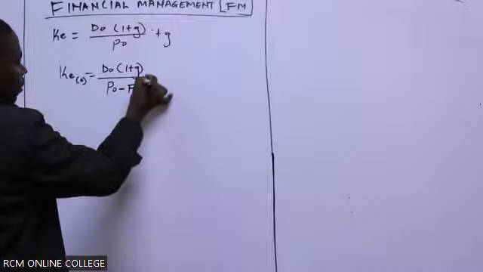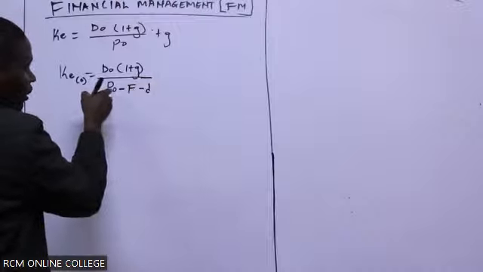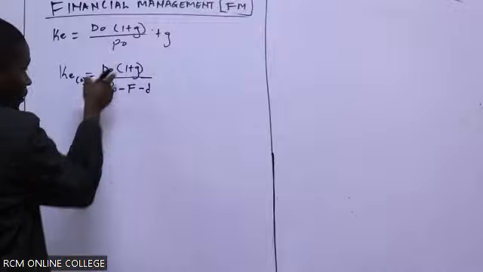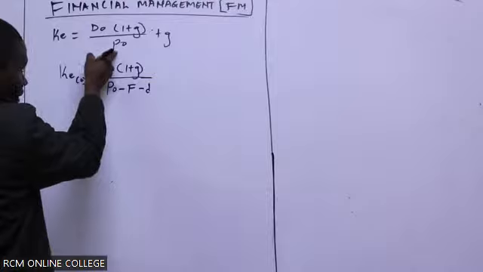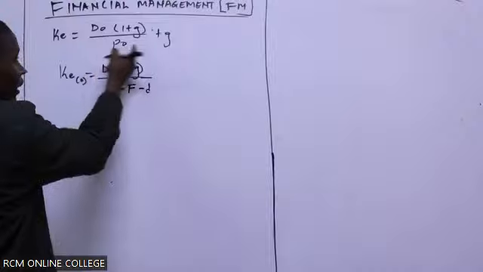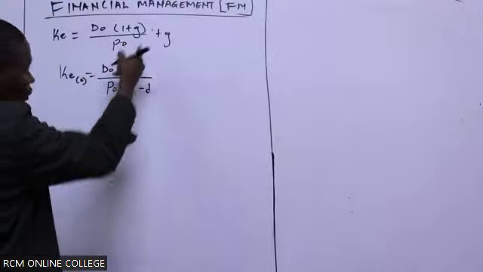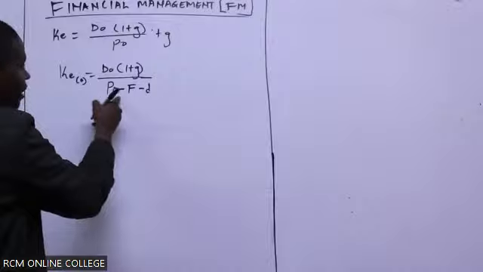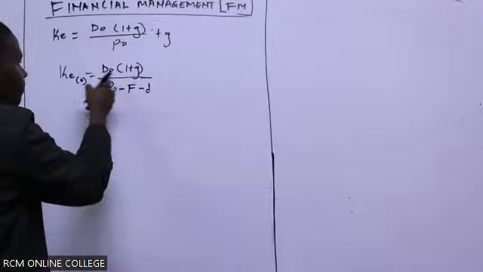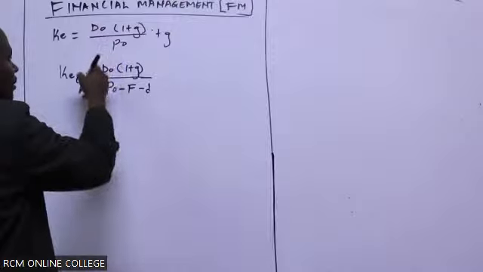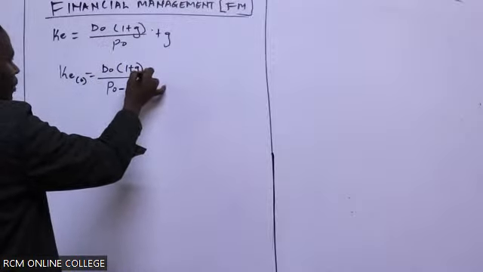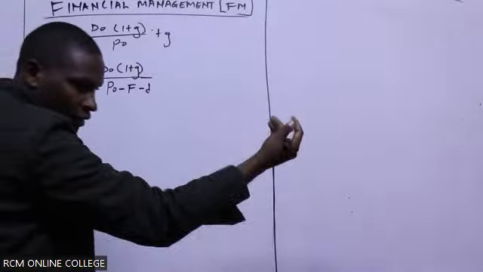What is happening to our P0? It's reducing. When you compare with the P0 for the retained earning, nothing affects it in that order. But our P0 will be affected. It will reduce. So if this is small, I expect that whatever result I'm going to get will be higher.